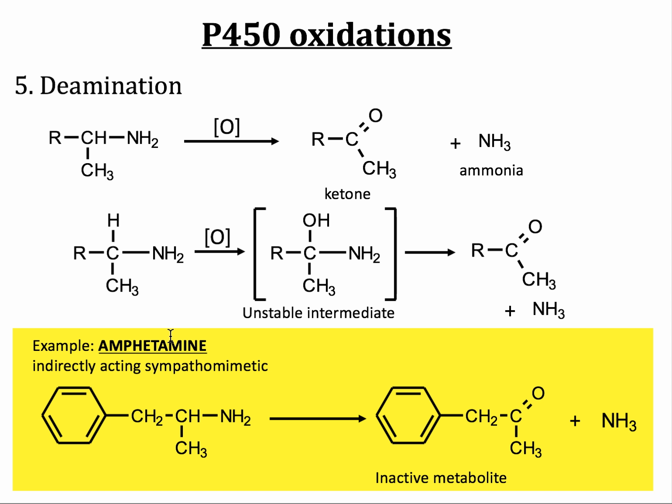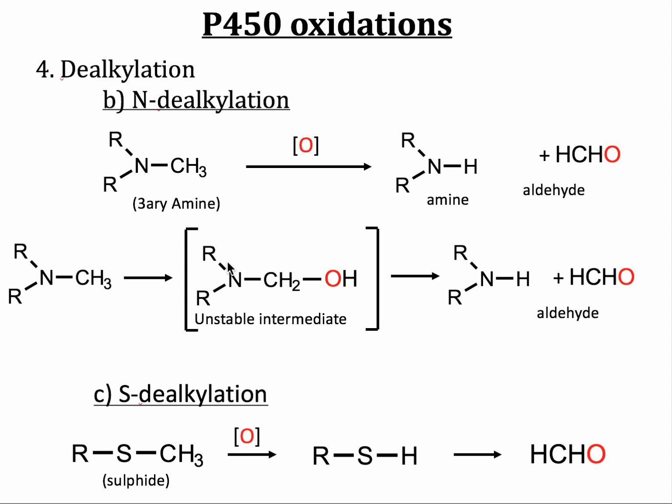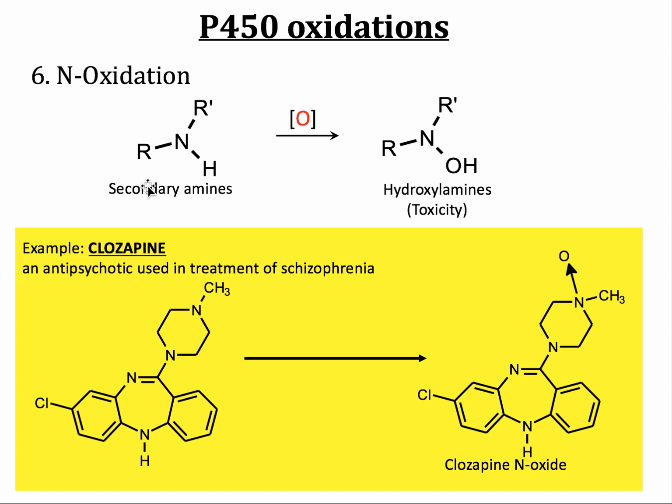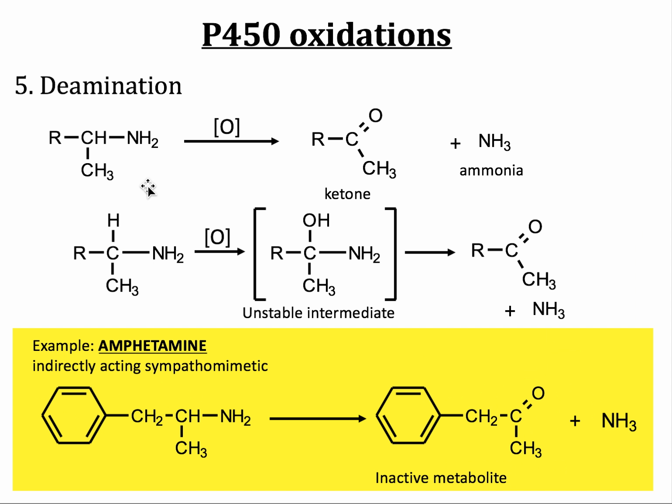As you can see before, in N-dealkylation, we were looking for a tertiary amine, which has no hydrogens bound. Now we're looking for a secondary amine. No, sorry, we're looking for a primary amine, which is bound to a null group.